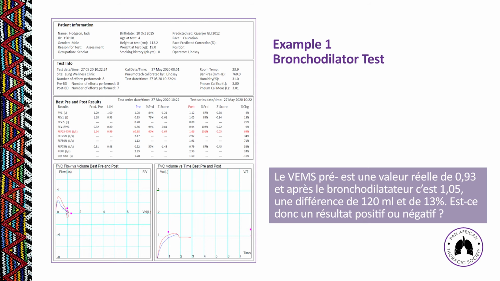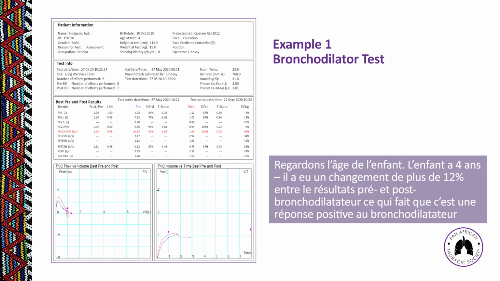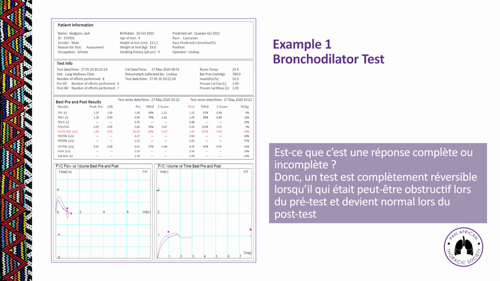So would this be a positive or negative test result? Let's look at the age of the child. The child is 4 years old. That means that they've got more than 12% change pre and post bronchodilator, so this would be a positive bronchodilator response. Is it a complete or incomplete response? Complete reversibility is when a test that is maybe obstructive on the pre-test then becomes normal on the post-test.